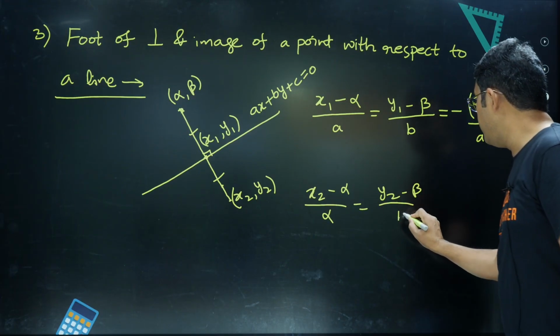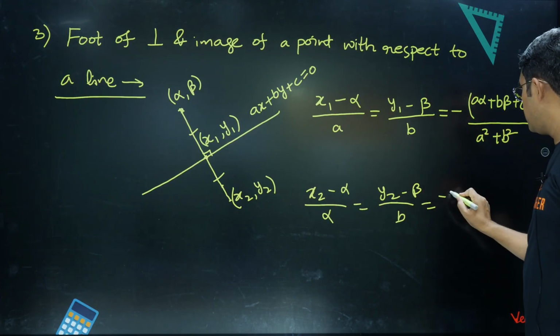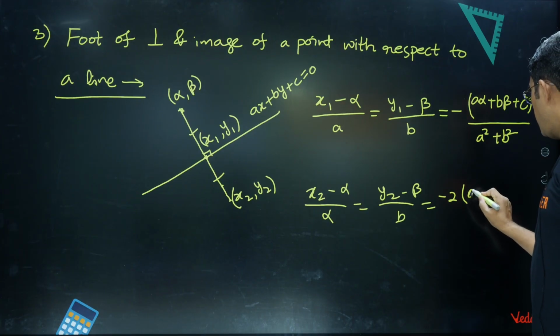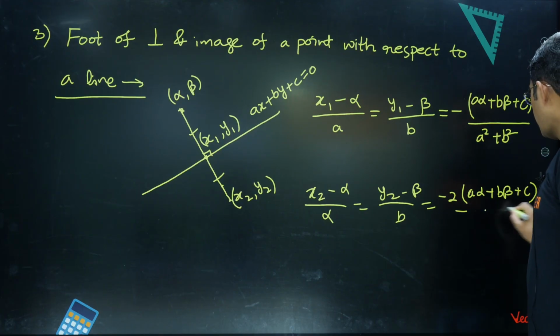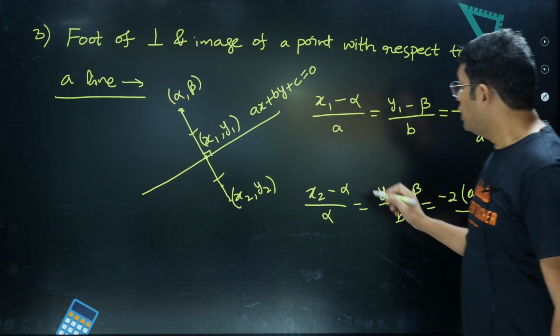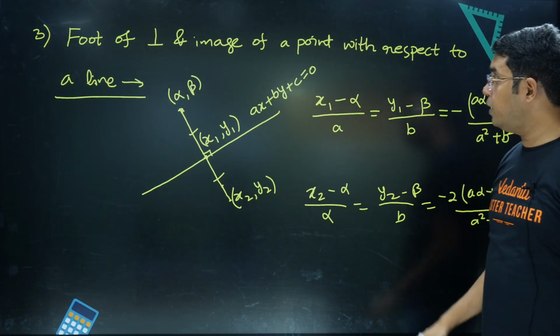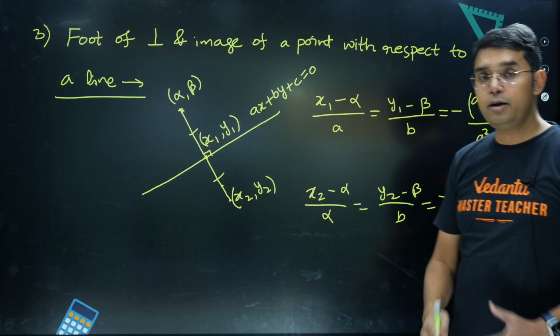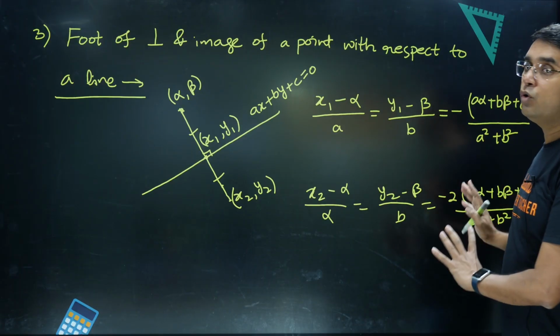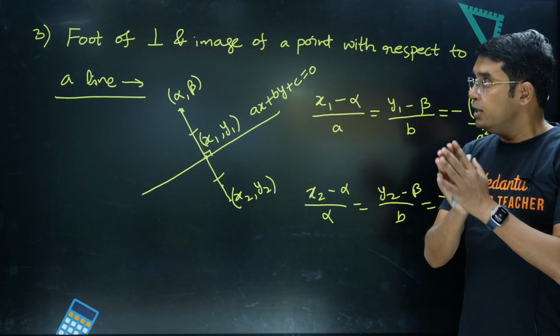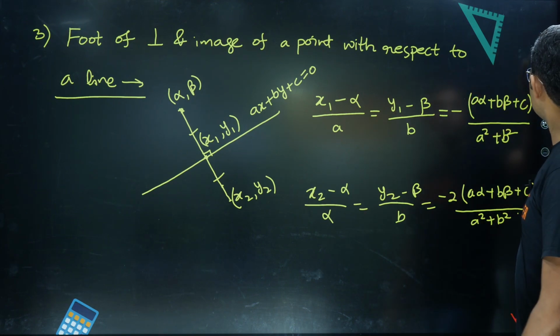The only difference will be that instead of minus of this, it will be minus 2 times a alpha plus b beta plus c divided by a square plus b square. So this is how you can find the foot of perpendicular and image of a point with respect to a line. There are many other results, but I am taking only those things which are required to solve these questions here.